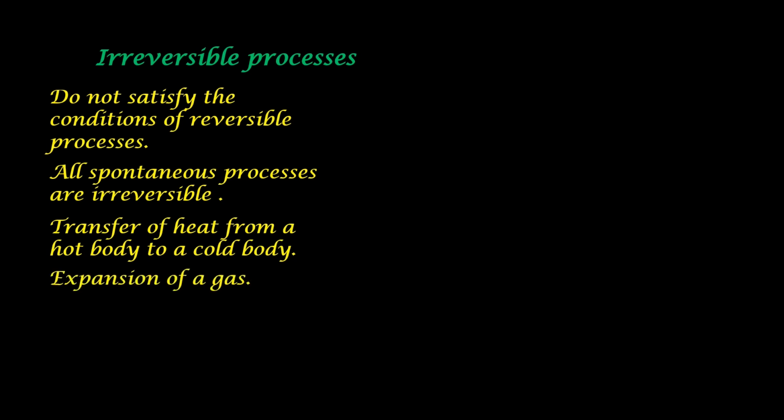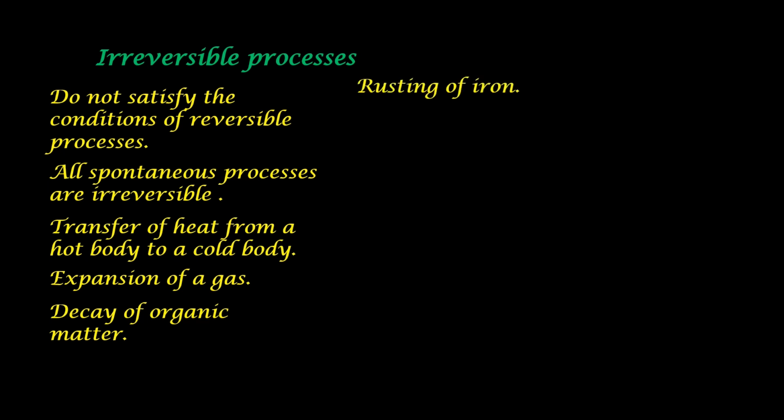Expansion of a gas in ordinary conditions. It is not an ideal gas. Real gases expand at a very fast rate when the conditions are favorable. Such processes are irreversible. Decay of organic matter. It proceeds at a fast rate and the organic matter cannot be retrieved back. Rusting of iron.